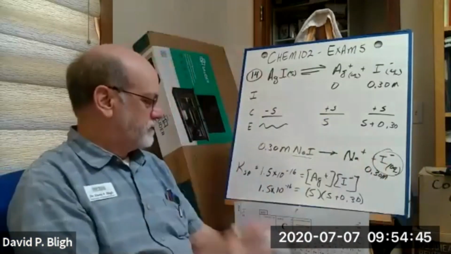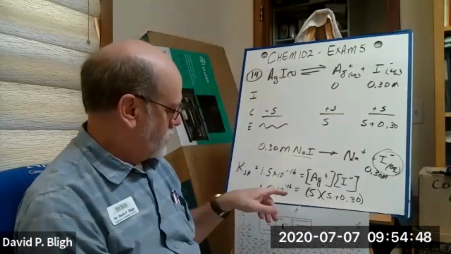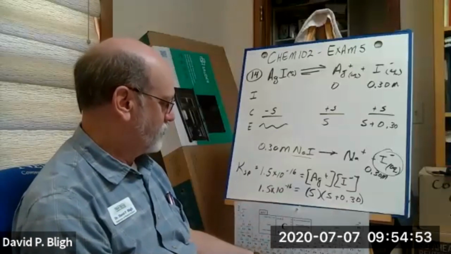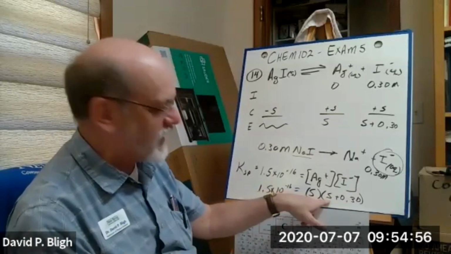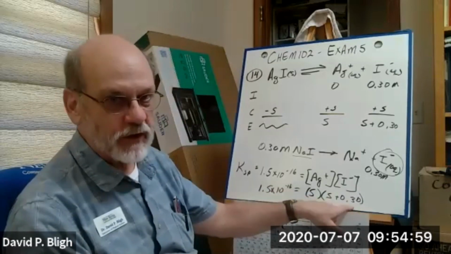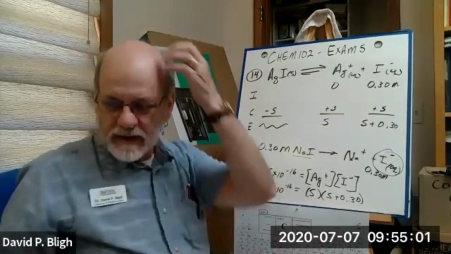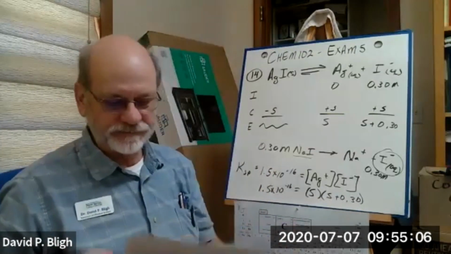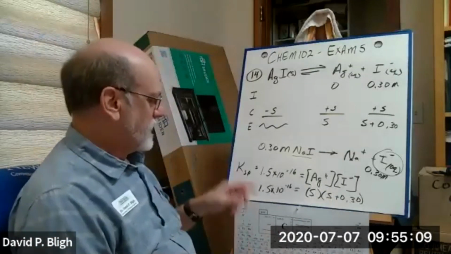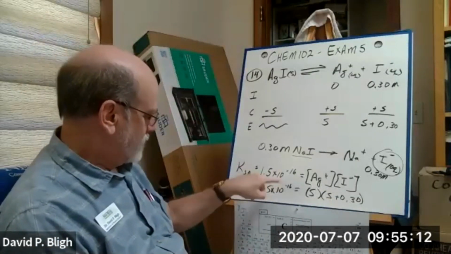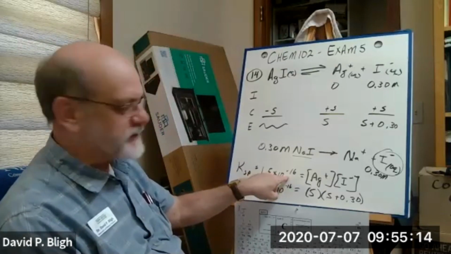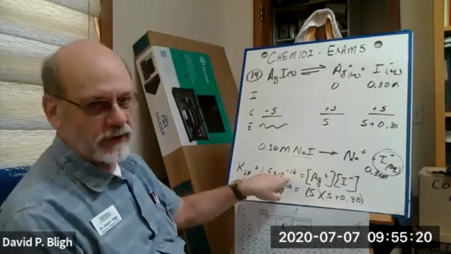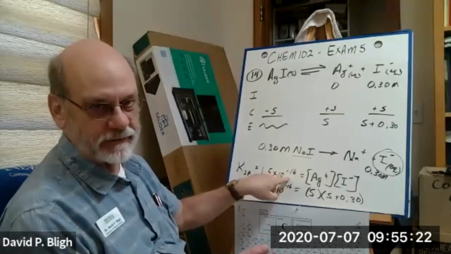Okay, now we just have to solve for S. The question is, how do we do that? Well, we're going to end up with S times S is S squared, and then S, so we're looking at a quadratic. So let's see. Look at this value right here, 10 to the minus 16. Even in pure water, it's not going to produce a whole lot of iodide.